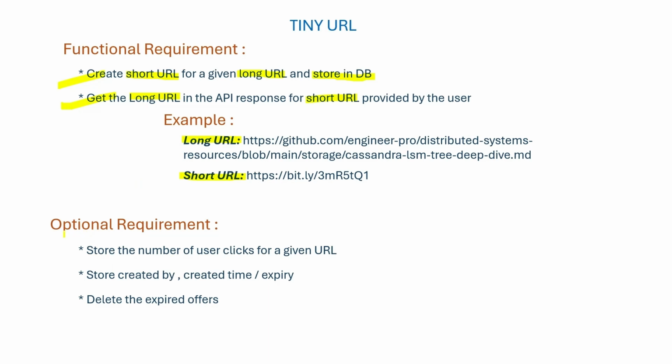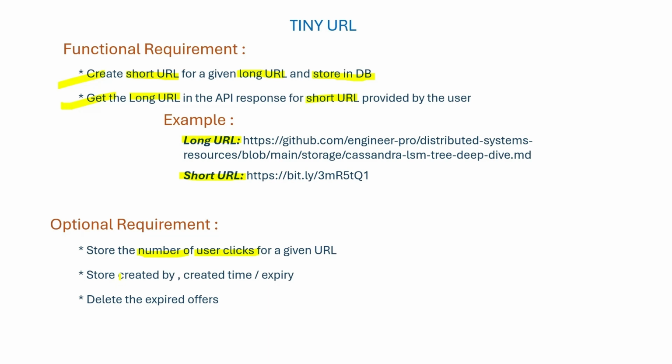Moving on, here I have listed some optional requirements. If you feel like it, please feel free to skip them. The very first optional requirement would be to store the number of user clicks. Say this particular URL has been clicked 100 or 1000 times, we should be able to capture the total number of clicks for the given short URL.